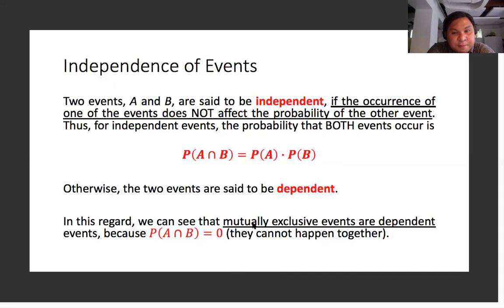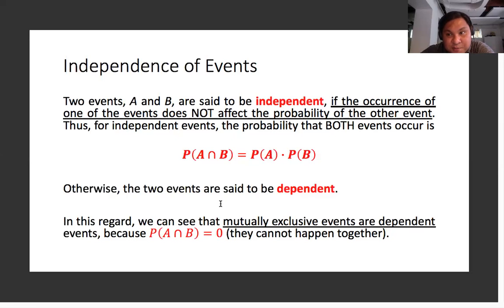Thus, for independent events, the probability that both events occur, the probability of A and B, is equal to the probability of A times the probability of B. So for independent events, you can compute the probability that both happen by just multiplying their individual probabilities.